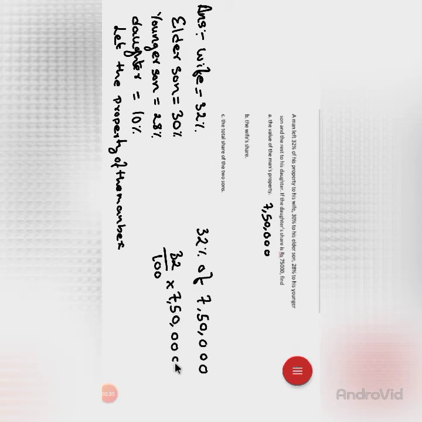So 32 by 100 into 7,50,000. When we solve this, we get 2,40,000. So the answer of B is 2,40,000.